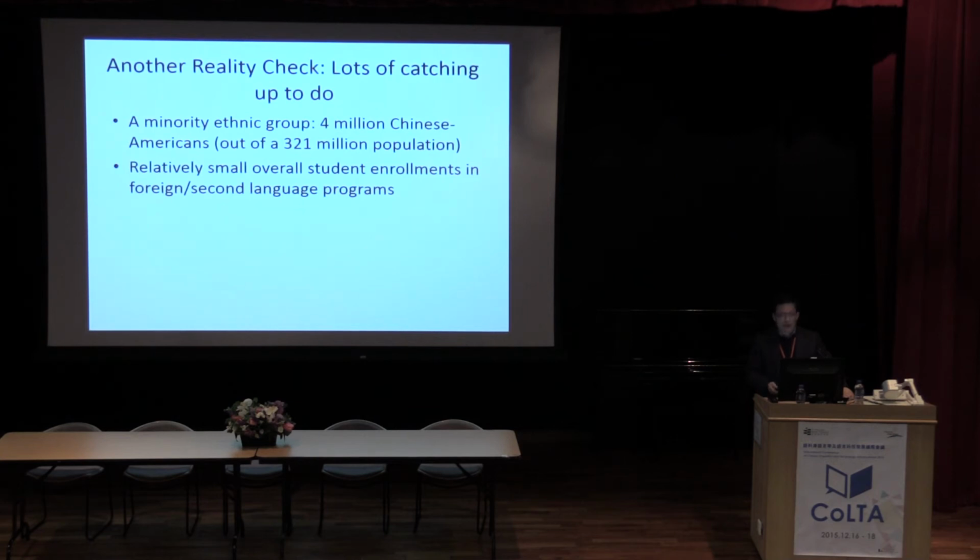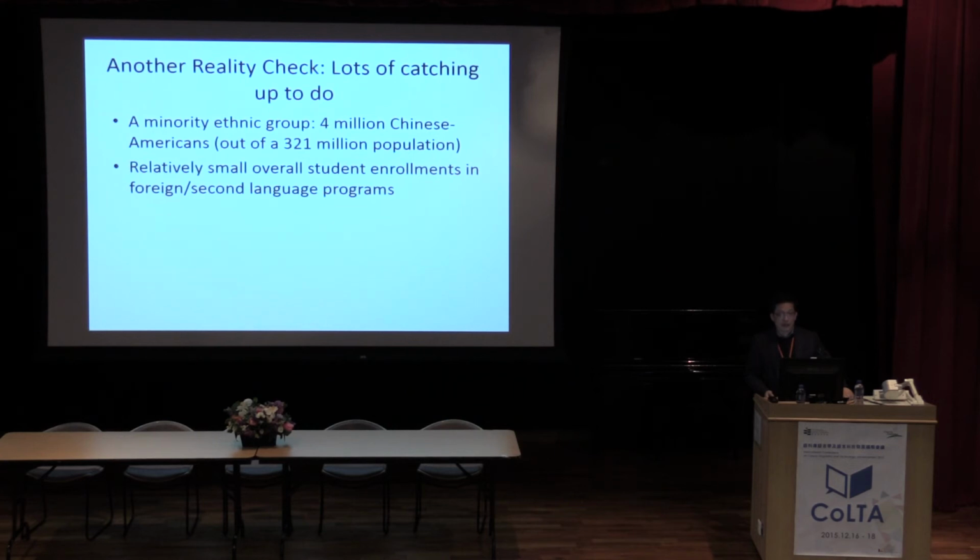If you look at the population in the U.S., the Chinese American population is something like 4 million, according to the most recent census survey, out of more than 320 million, the U.S. population. That's a small ethnic group we are talking about.